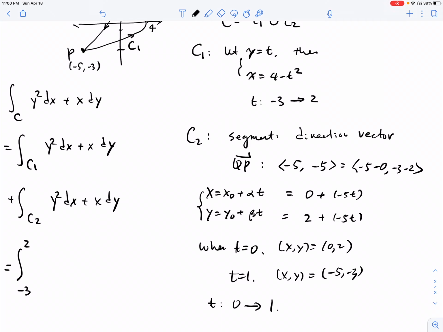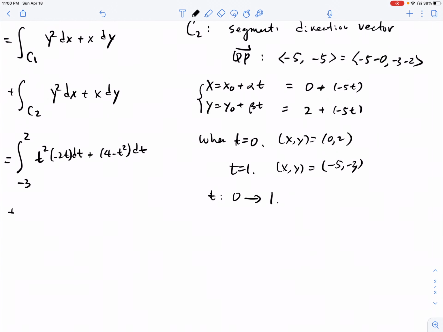And y is equal to t. And dx is equal to negative 2t dt, right? dy is going to be simply dt. So when we look at dx, we replace it by negative 2t dt. And then plus x, which is 4 minus t squared, and dy becomes dt. Okay, so this is number 1.